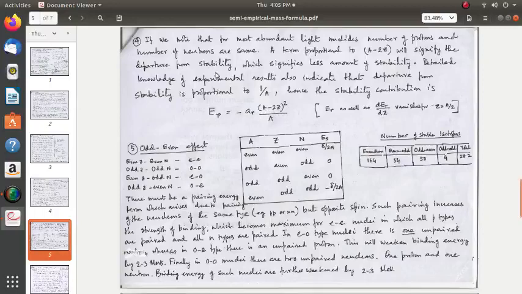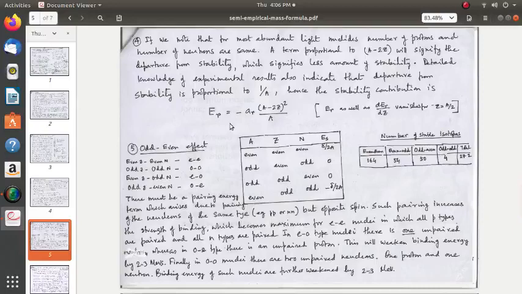So that is called the symmetry term. If z is a by 2, then this will not contribute, but if z differs from a by 2, it will have a negative contribution to the binding energy.